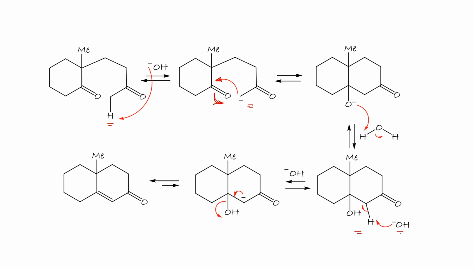The base will attack the hydrogen, forming the enolate, and then followed by losing OH, so it will be a water molecule loss to form this cyclic hexenone.